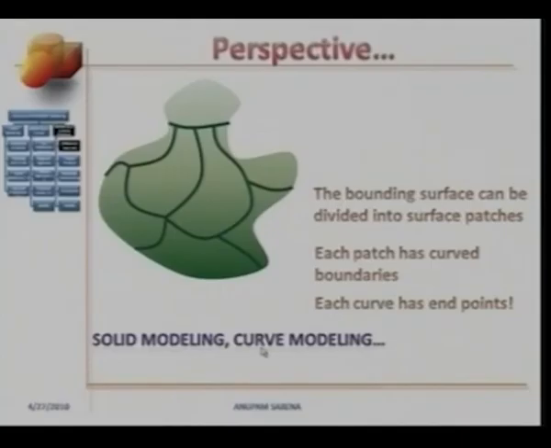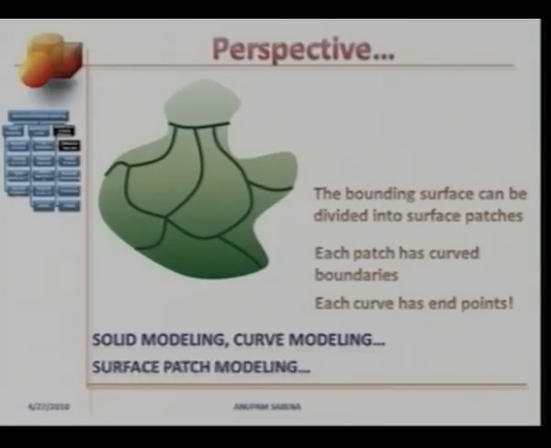In curve modeling, we discussed primarily three models. Those are the Ferguson curves or segments, Bezier segments and curves, and more importantly, B-spline models. We devoted quite a bit of time on B-spline segments.